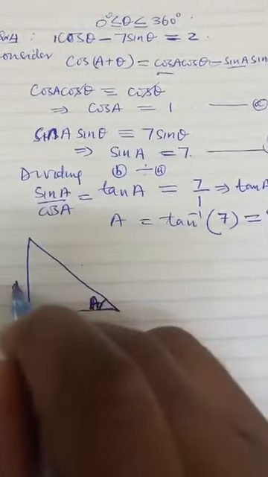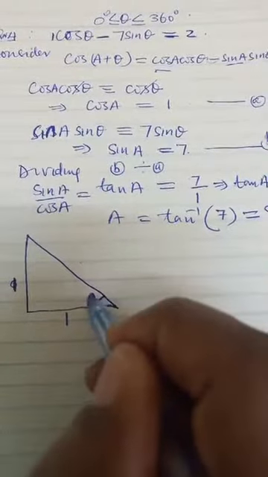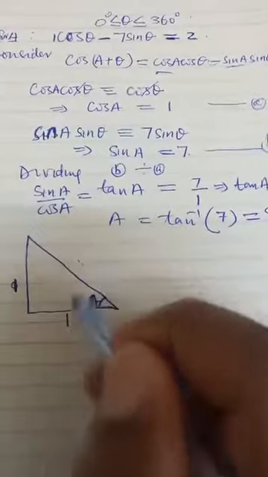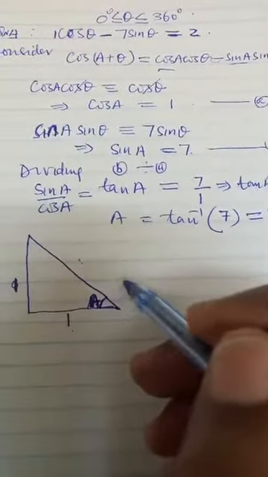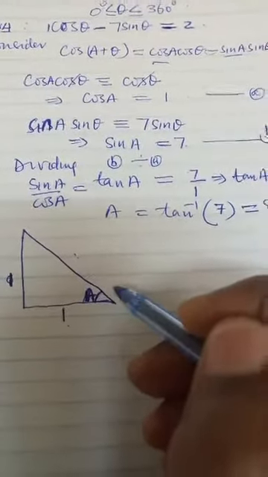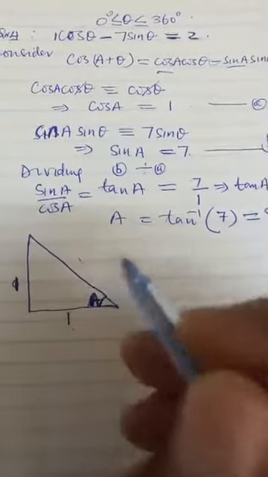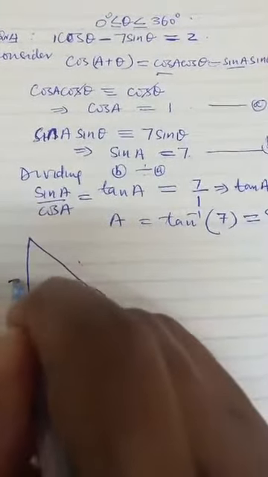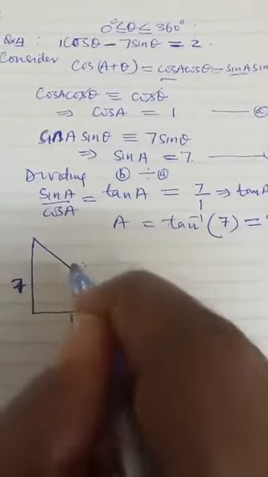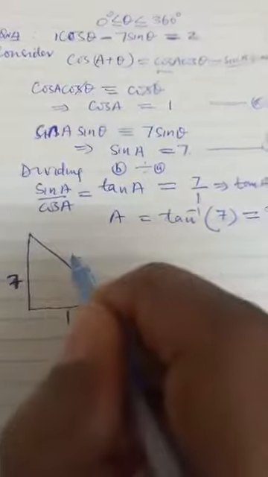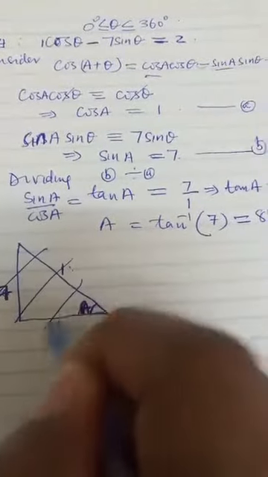Cos of A is adjacent over hypotenuse, and that cannot be possible. Sine of A is opposite over hypotenuse. So if this is 7 and this is 1, which is impossible, we need to review this triangle again.